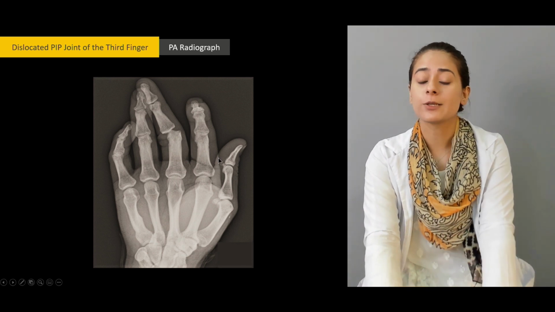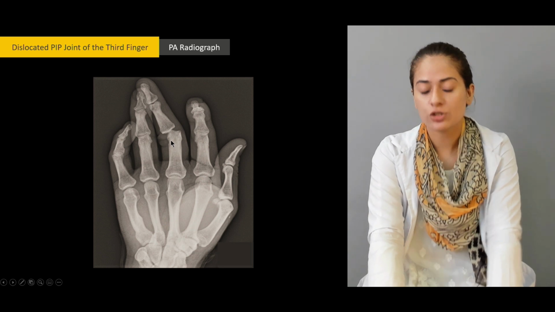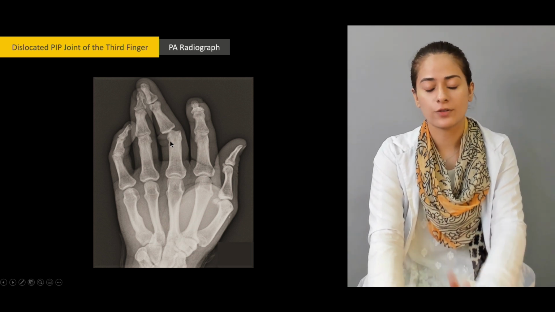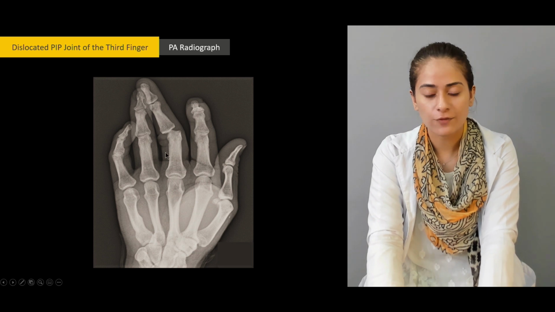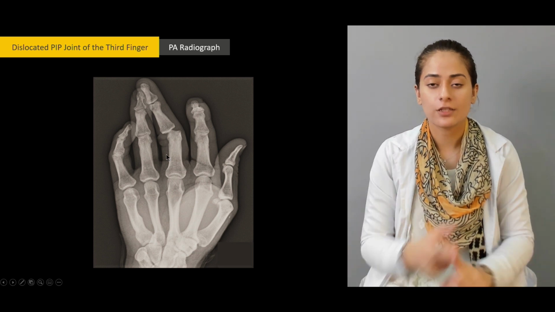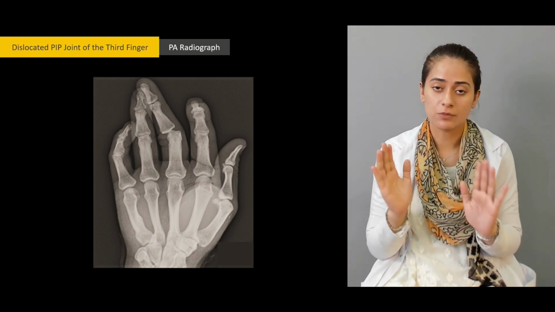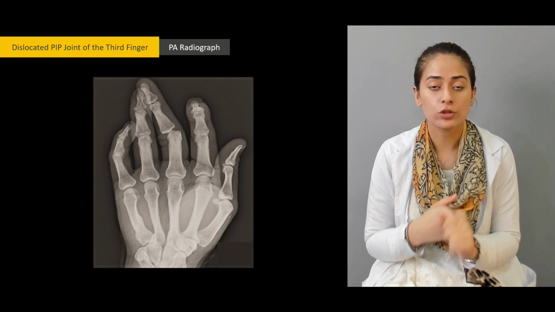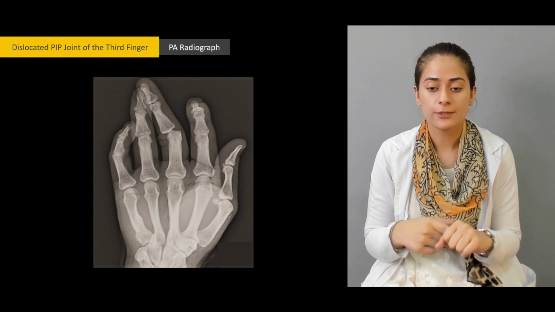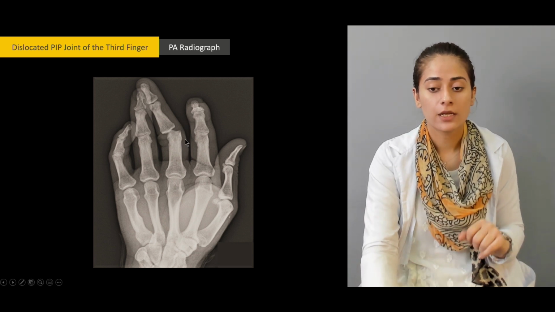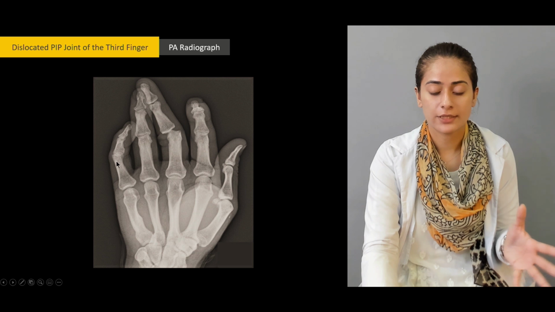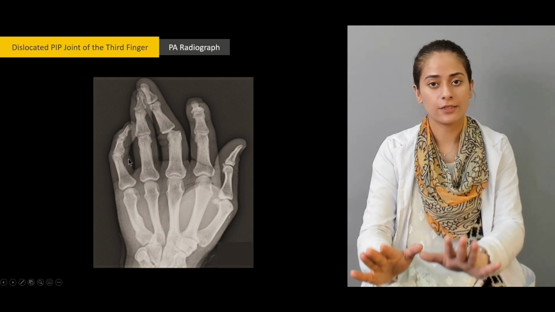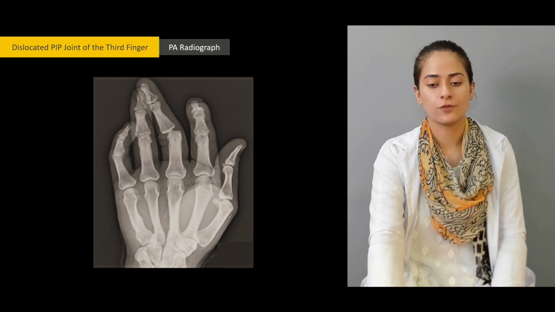So here it's a medial PIP dislocation of the third finger. Again, let's do it again. It's a medial dislocation of the PIP, or the proximal interphalangeal joint, and it's the third finger that is involved.